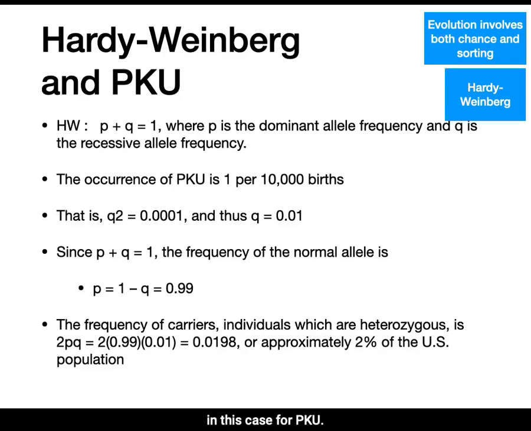In this case, for PKU, it's 0.99. The frequency of the carriers, the individuals who are heterozygotes, is 2pq. In this case, 2 × 0.99 × 0.01, which gives us a frequency of 0.0198, or approximately 2% of the U.S. population.